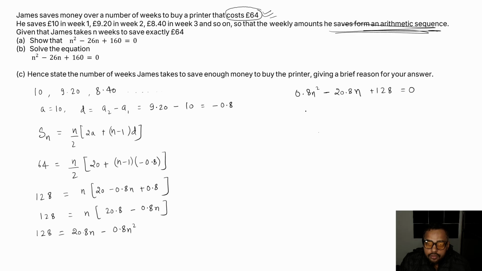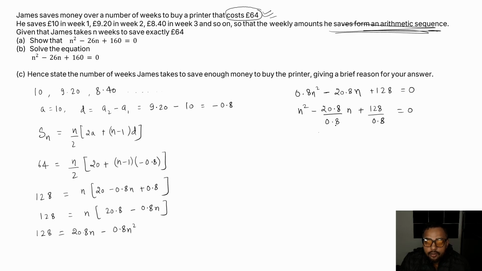What we need to do here is divide the whole equation by the coefficient of n square. The coefficient of n square is 0.8, so we'll be dividing by it. We get n square plus 128 upon 0.8 equals 0.